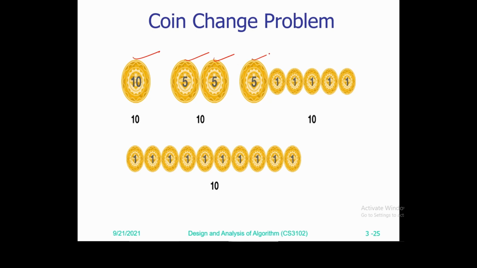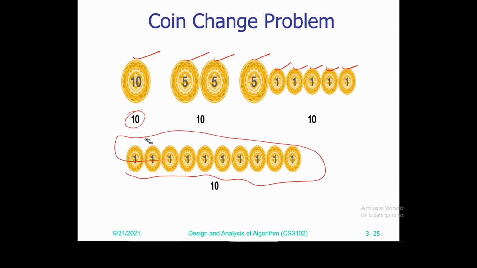Or we can use 5 and several coins of 1 rupee, like this. And we can also use 2 rupee coins as well, 2, 2, 2, 2, 2 make 10, or we can use 10 coins of 1 rupee each for this particular sum.